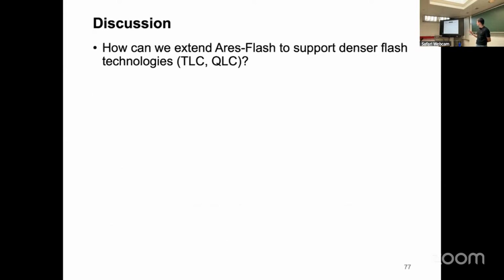And can we extend Aries Flash to support denser technologies like triple level cell or quad level cell, where we just have more bits per cell? So I guess we would need even stronger error correction than that.